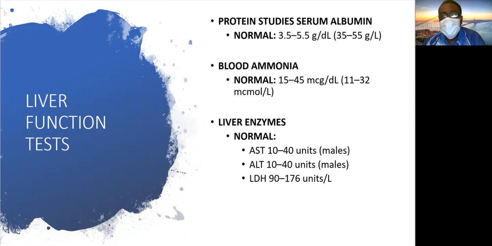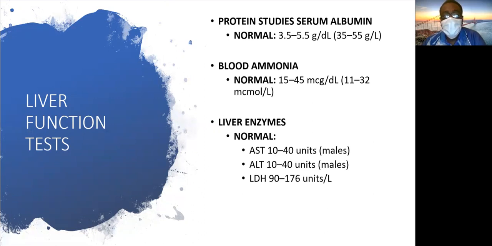So normally the AST, the ALT, for males, the range should be between 10 to 40 units. Most textbooks will give you different values, but this is a range between 10 to 40 units. And for your lactate dehydrogenase, your LDH, the normal range should be between 90 and 176 units per liter.